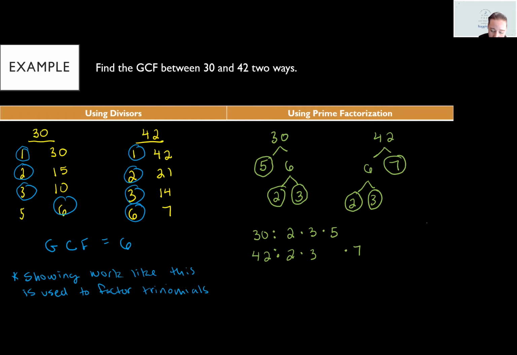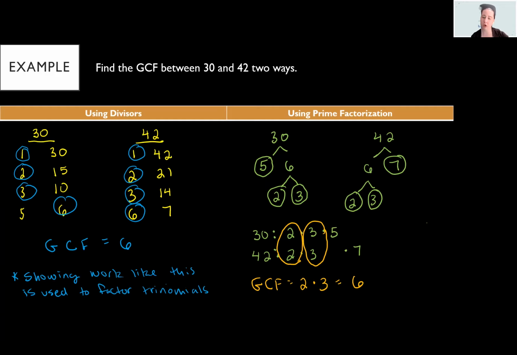And as I'm reading this, my explanation definitely was very confusing, that I tried to explain this in words. But we're looking at, they've got 2 in common, and they've got a 3 in common there. So your GCF comes from those things that they have in common, the factors that they have in common. And it's going to be 2 times 3, which comes out to 6.